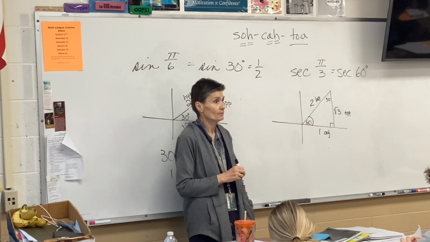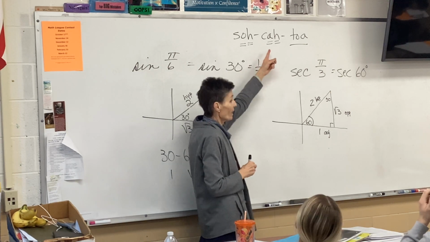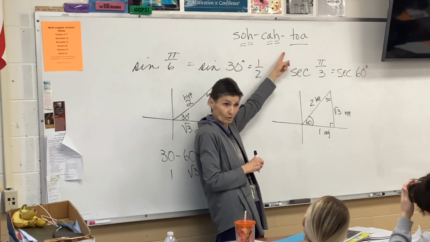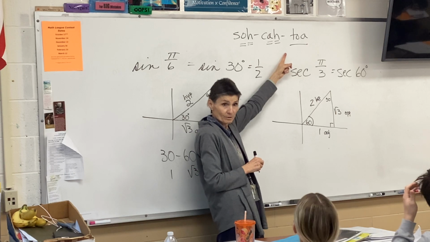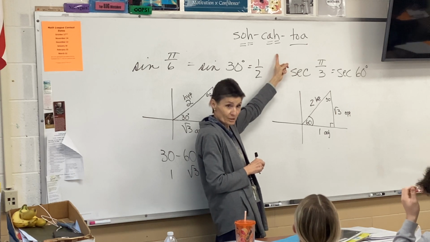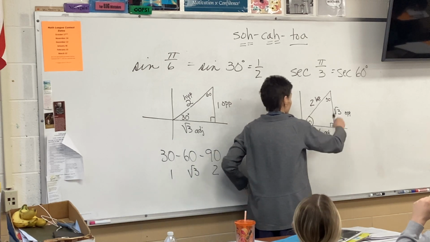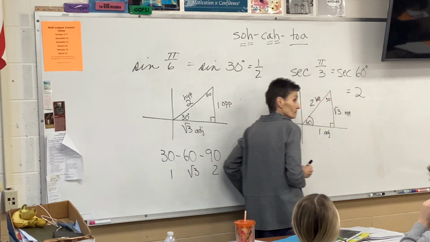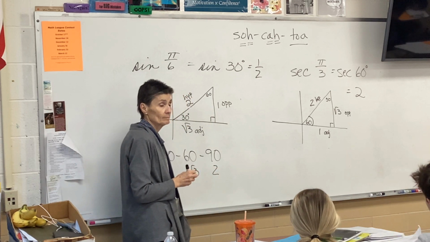Reciprocal of cosine, and cosine is adjacent over hypotenuse. So what's secant? Hypotenuse over adjacent. Did you get 2 as your answer? So easy.